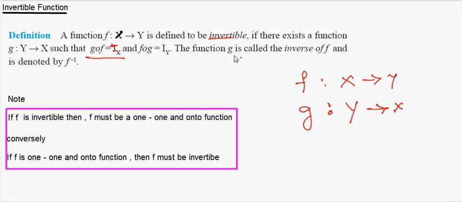Then the function g is called the inverse of f, and it is denoted by f inverse. So this condition has to be met.